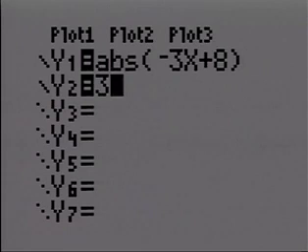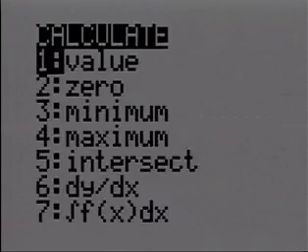And so what I'll do is I'll graph these two parts of the inequality together, see what that looks like. Now, when we look at that inequality, we know that we want the absolute value part to be greater than or equal to 3. And so we're looking for the parts of the graph where the absolute value graph is above the line.